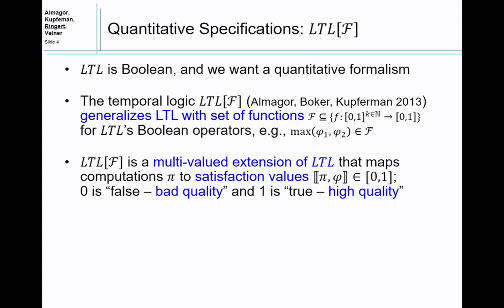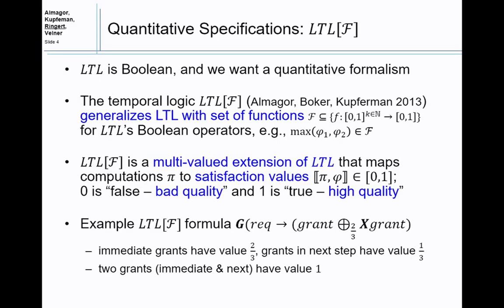So the satisfaction value of a computation, given an LTLF specification, is an evaluation in the interval [0, 1]. And we usually treat 0 as the Boolean false or the bad quality, and 1 is then true, the high quality, and we can have everything in between.